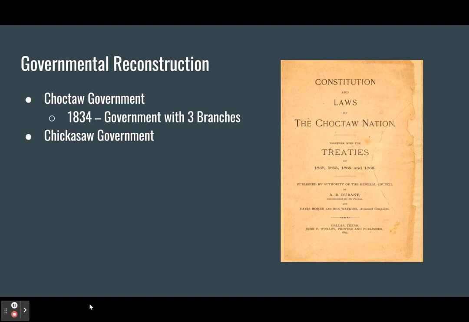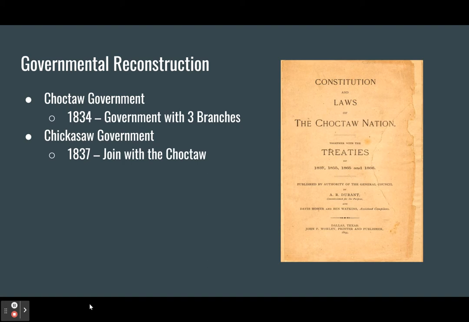The second constitution is modeled from the Chickasaw government. The Chickasaw government actually is established by the 4,900 Chickasaws who went to Indian Territory after 1837. Here's the thing. These guys were actually about to become citizens of the Choctaw government.